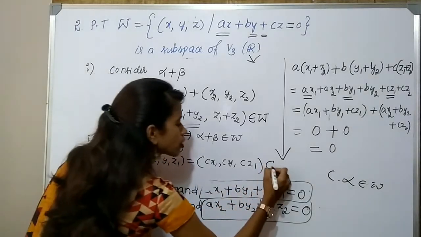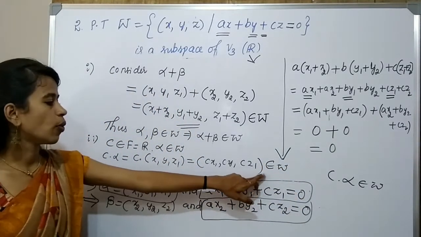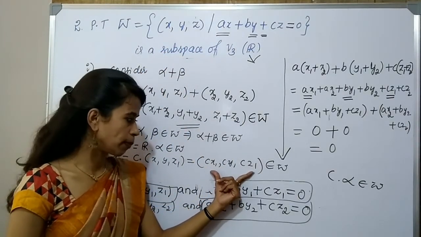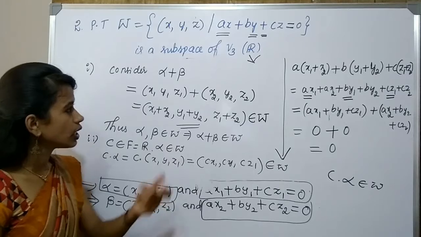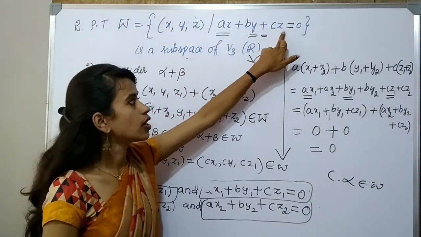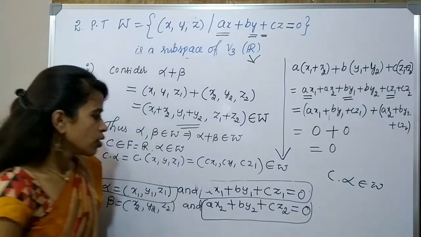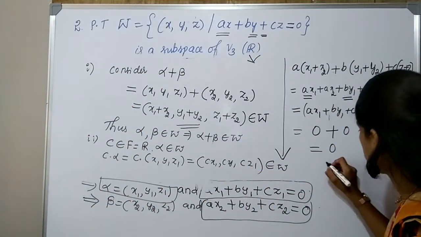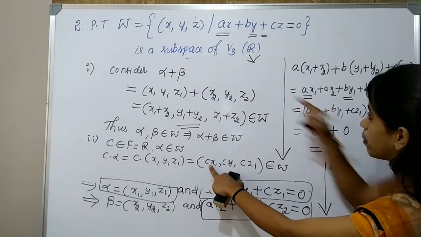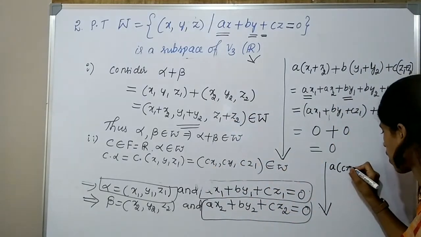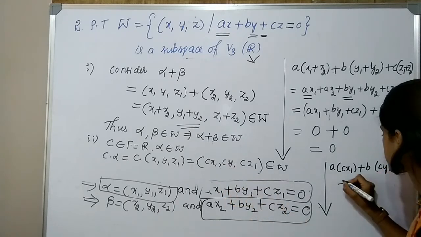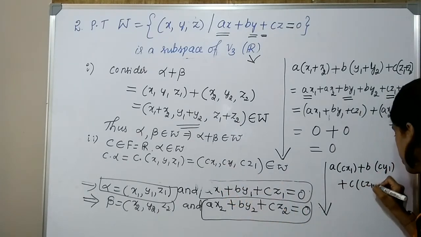Does it belong to W? To be in W, what is the condition? It must be a triplet, and it is already in triplet form. And what is one more condition? a into first coordinate plus b into second coordinate plus c into third coordinate must be equal to 0. So let us check. a into the first coordinate, in place of x we have cx1, plus b into the second coordinate cy1, plus c into the third coordinate cz1.